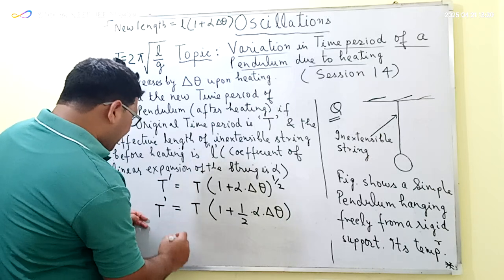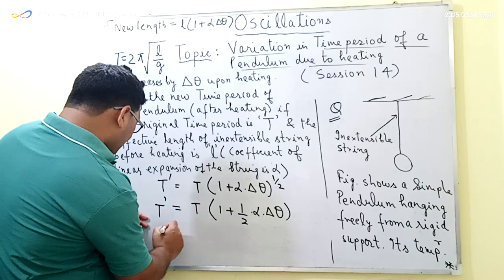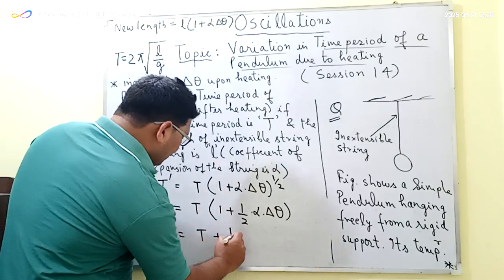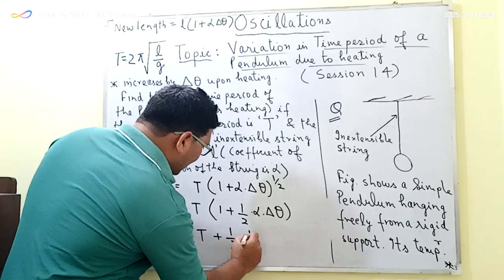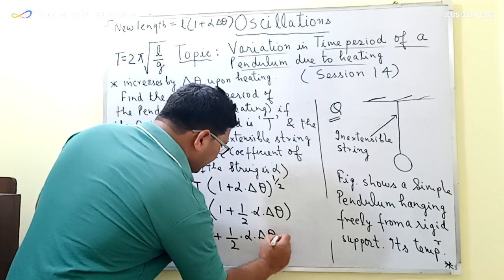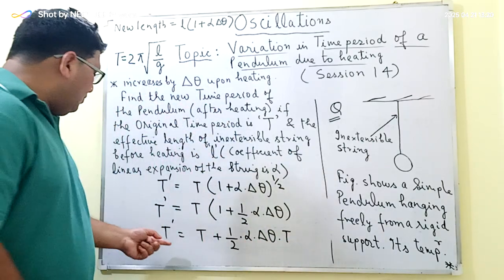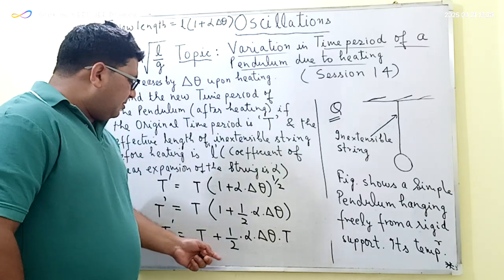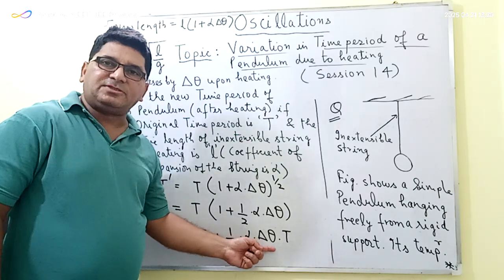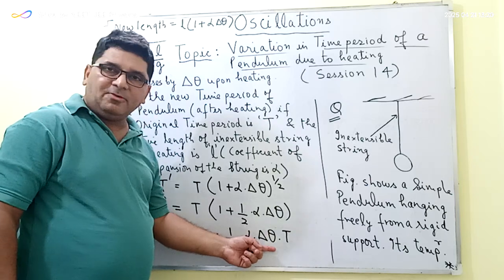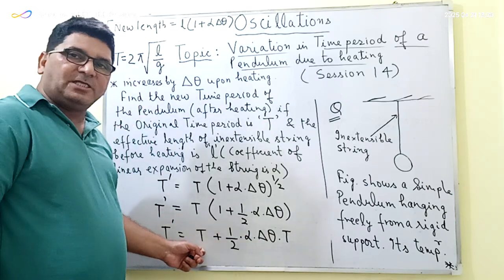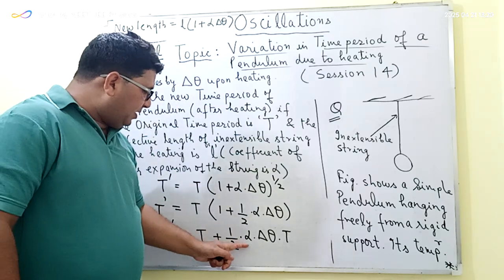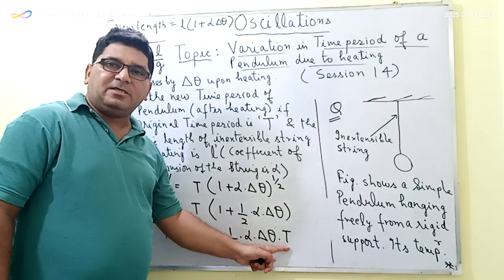So we can simply say that T dash is equal to T plus 1 by 2 into alpha into delta theta into T. So the new time period of this simple pendulum after heating, when the temperature has increased by delta theta, will be equal to T, where T is the original time period, which was equal to 2 pi under root L upon g, plus 1 by 2 into alpha into delta theta into T.